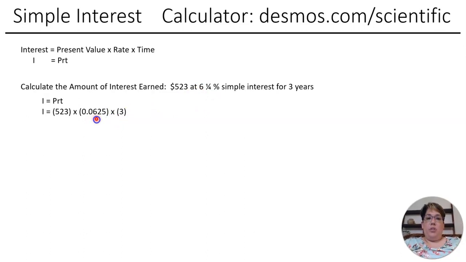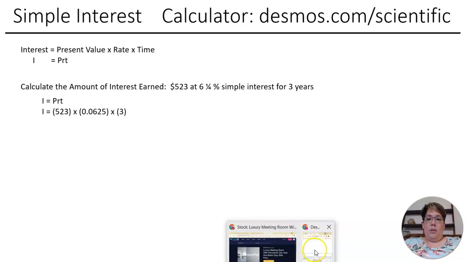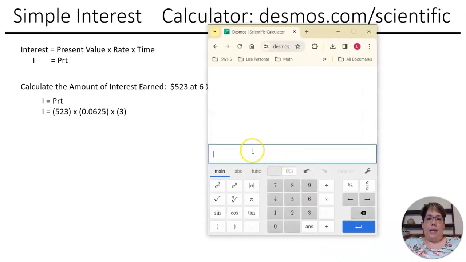So 6.25%. If you put that in decimal form, remember you have to move your decimal place 2 places, and then times 3. Now let me bring up the calculator and look at how that would look.